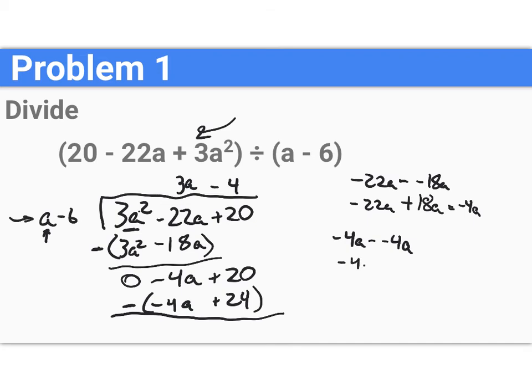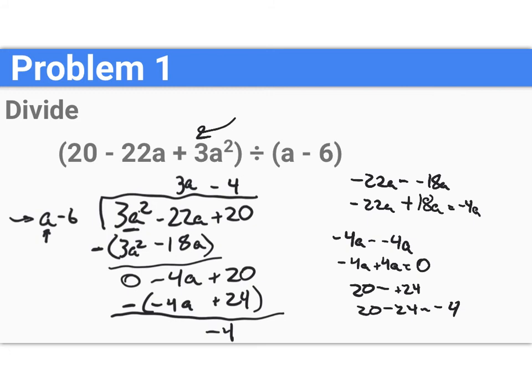Well, negative 4a plus 4a equals 0. And then 20 minus a positive 24 is 20 minus 24, which is negative 4. And then there's no more a's in it, so we're done.